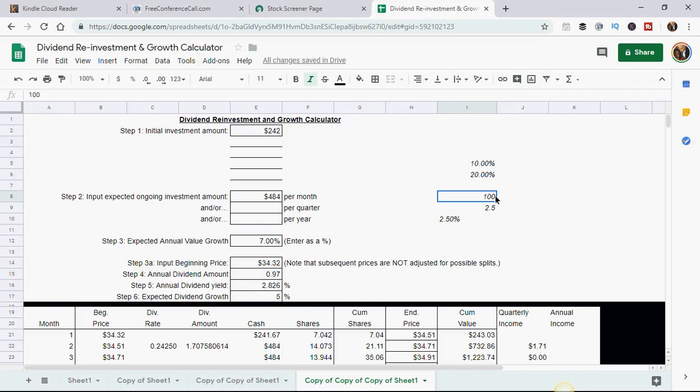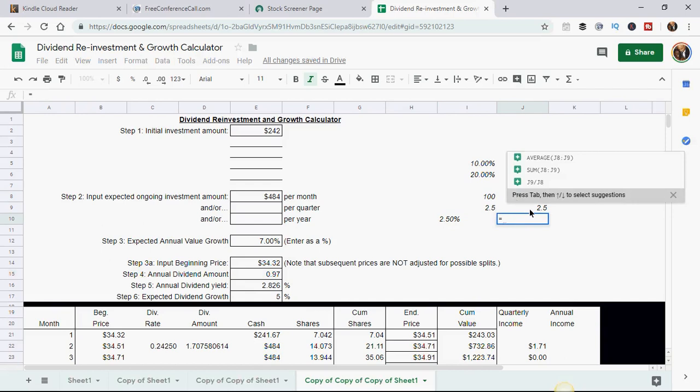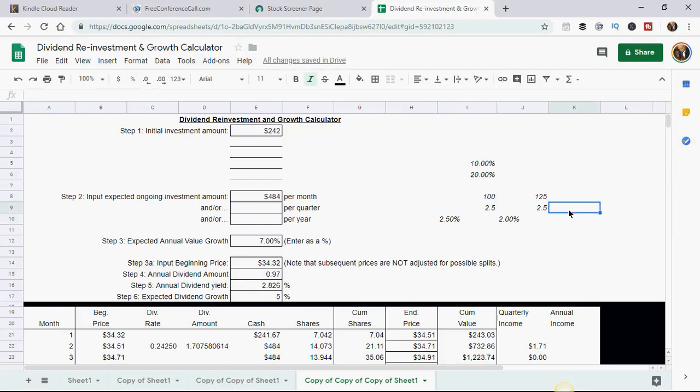Now, what happens if that same stock one month later goes up to $125, but your dividend hasn't changed? Well, it makes sense now. You get the same dividend amount, but the yield is lower because it's only 2% of the actual price of it.